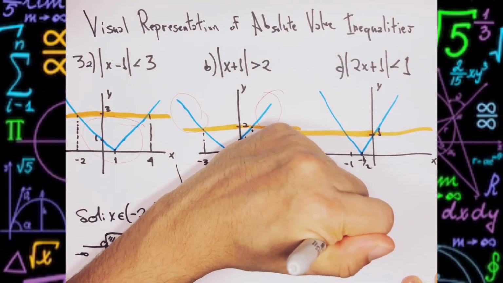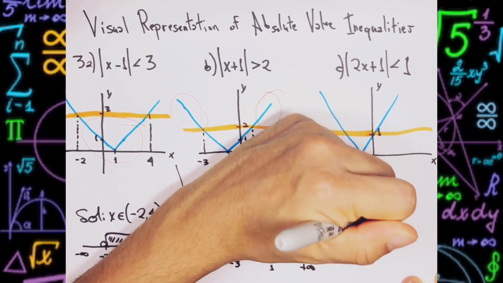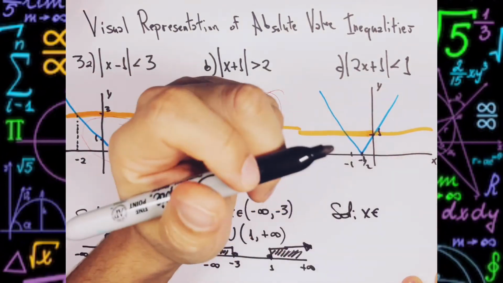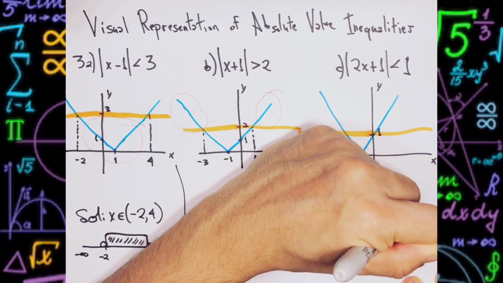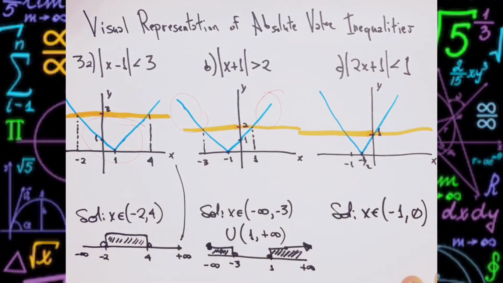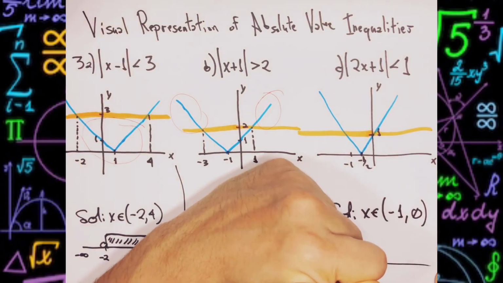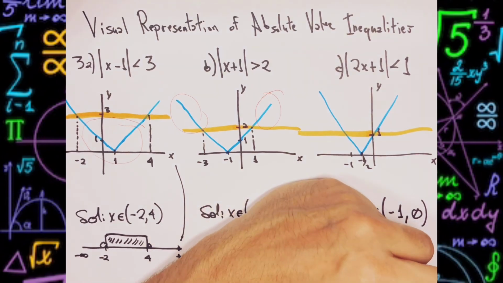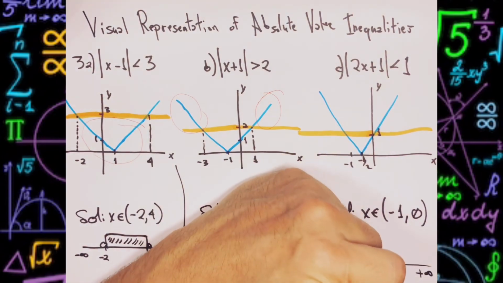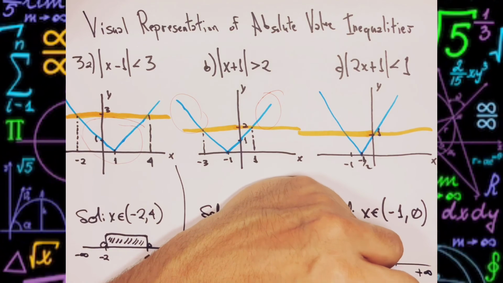Remember the solution that we had? Yep, it was all the x that belong to the open interval (-1, 0). And surprise, once we see the real line of numbers and plot those two points, -1 and 0, it was an open interval. Here we go.